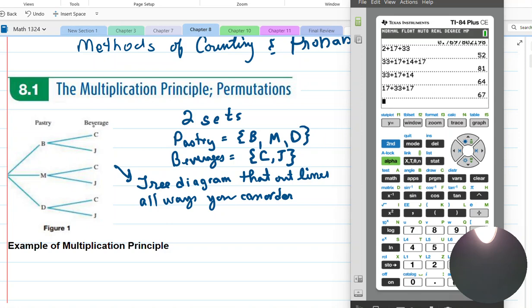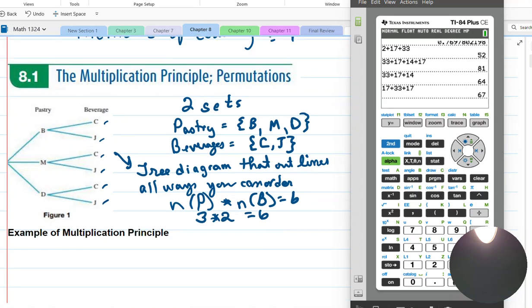So we can see at the end we have 1, 2, 3, 4, 5, 6. 6 ways. Well, we notice that the cardinality of our P times the cardinality of our B gives us that number, because we have 3 times 2, and we get that 6. So this is our first exposure to the methods of counting known as the multiplication principle.